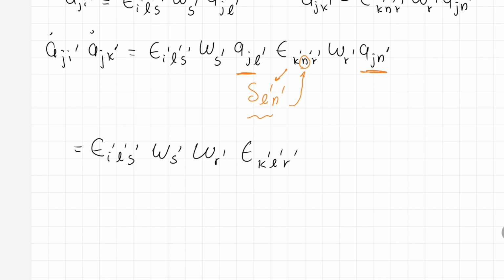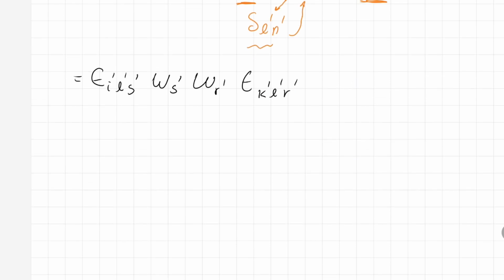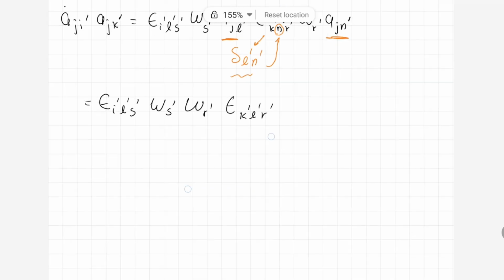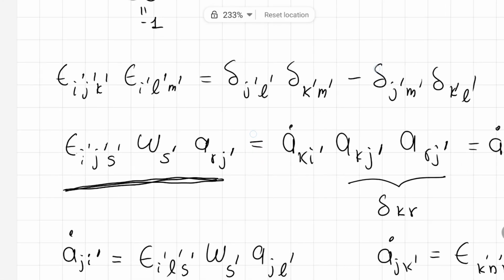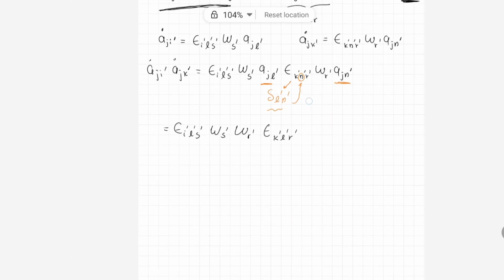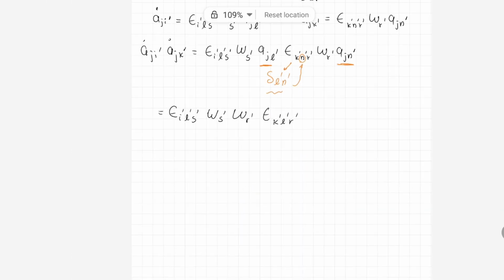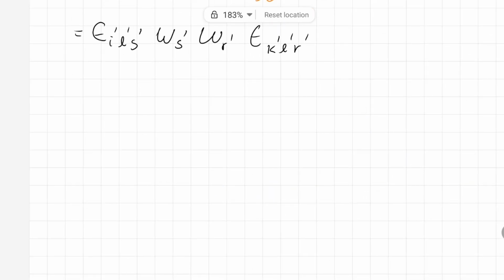KLR. Okay, perfect, but look that we have the product of the Levi-Civita symbols. So here is where we are going to use the relation that we defined here. Okay, so we are going to get the next.